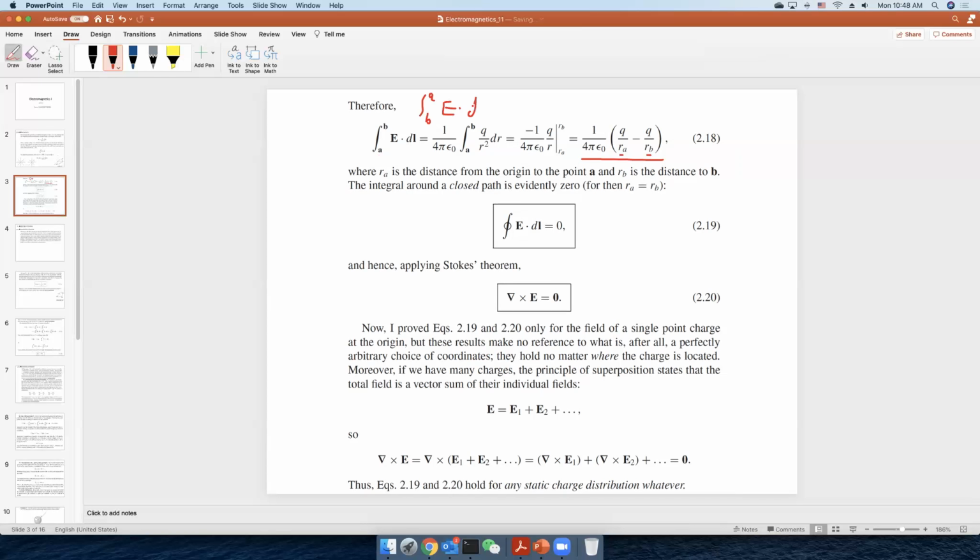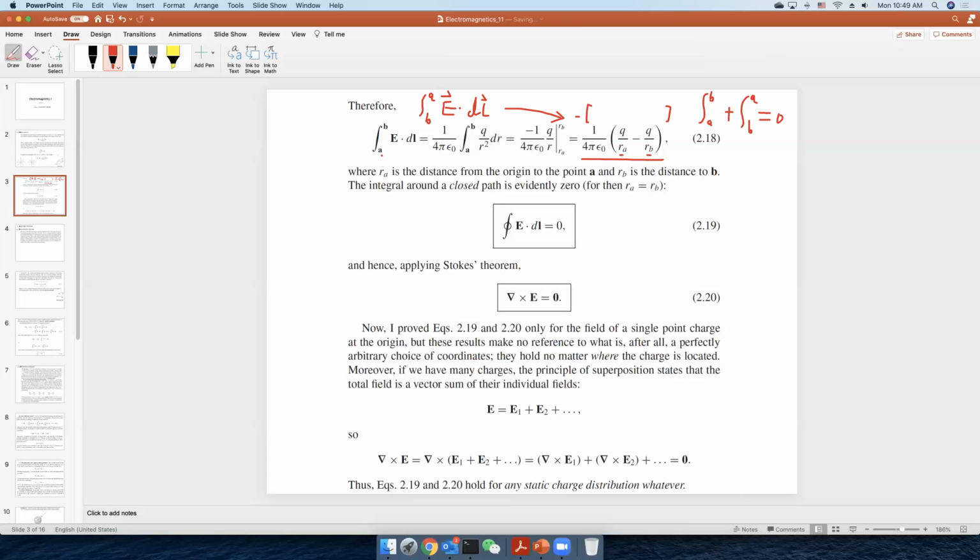E dot dl, all of them are vectors, you will get something negative to what you get here. And then if you do the integral of A to B plus B to A, it should be 0.